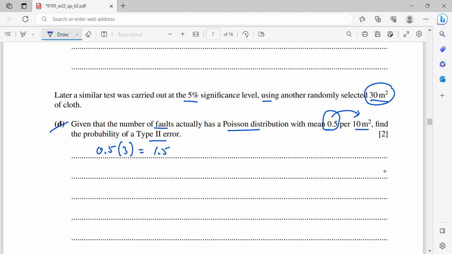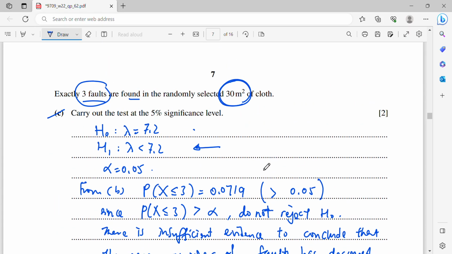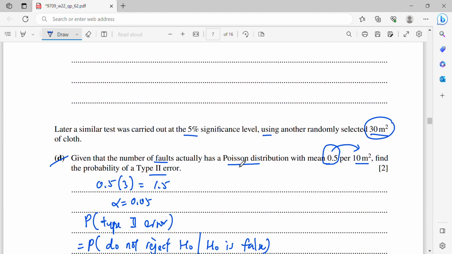So now, alpha equals 0.05, and the probability of type 2 error is the probability that we do not reject H0, given that your H0 is false. So when H0 is false, the original H0 was 7.2, so now what you are given is actually 1.5.